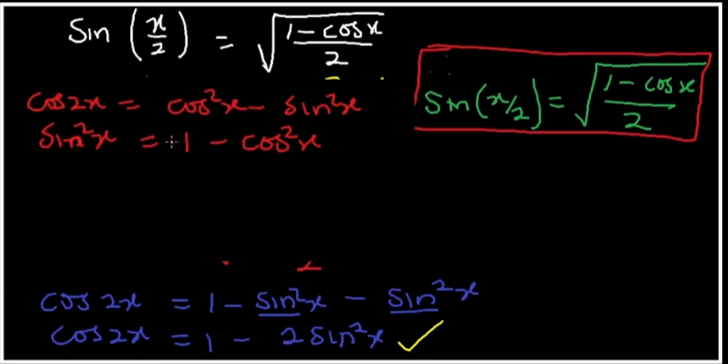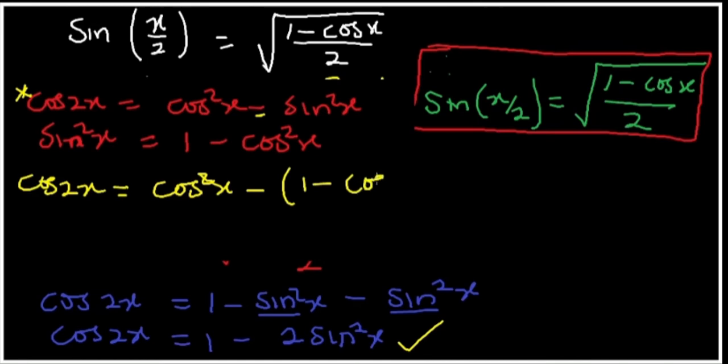Okay, same thing goes to this one. So instead of writing sine square x in this formula, I'll just write cos 2x is equal to cos square x minus, this minus here, minus 1 minus cos square x, which is representing this sine square x.